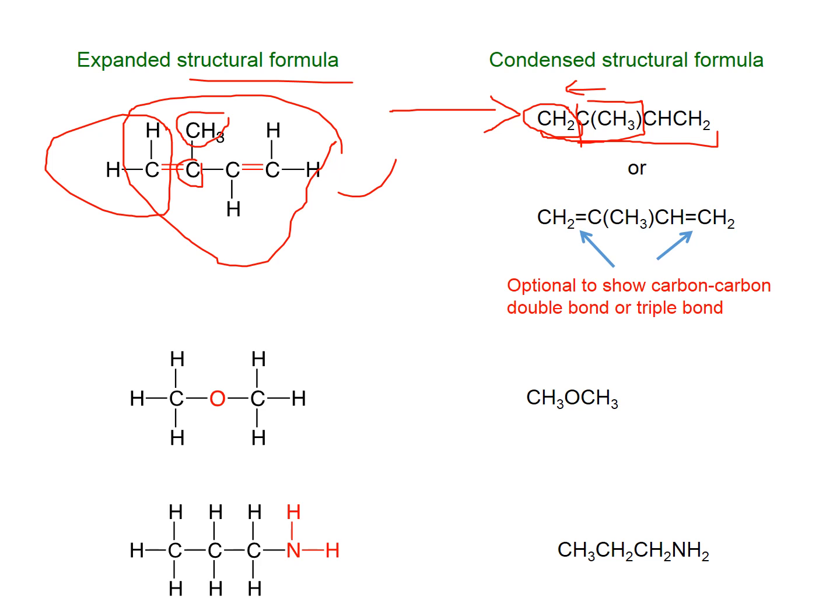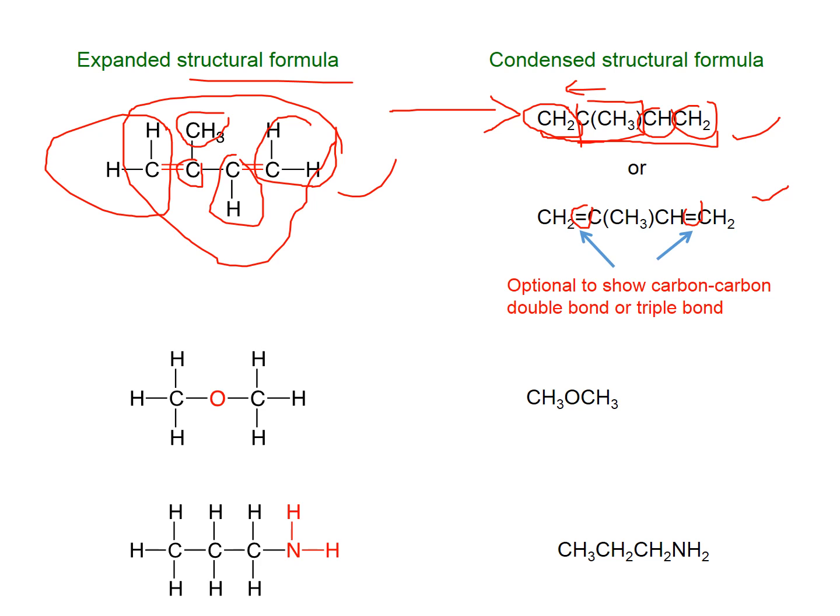So this is your CH and CH2 at the end of the structure. So either you can write this way or this way because it is optional to show carbon double or triple bonding.